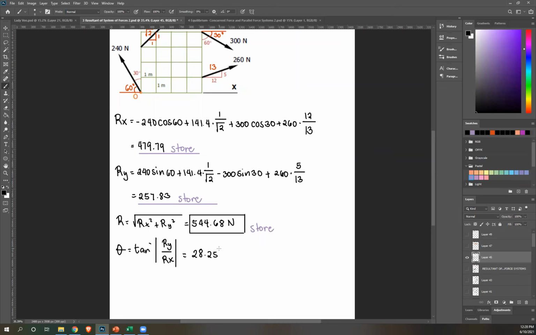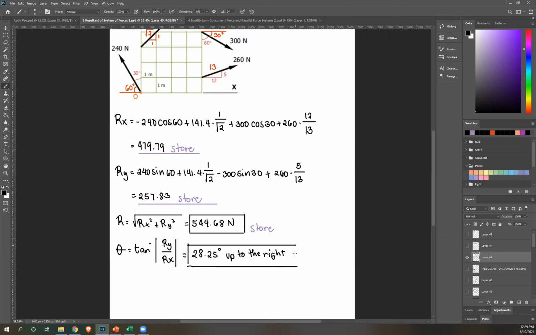And then direction. Look at the sign of our answers. Both of them are positive. Therefore, that's up to the right. Up, or upwards to the right. Or again, you can just draw an arrow.